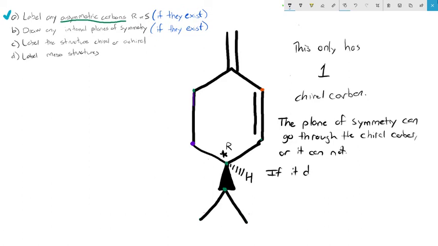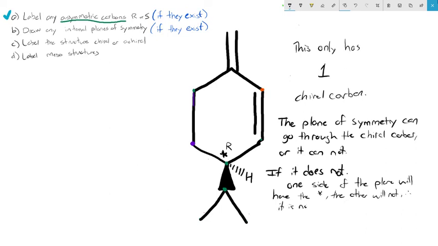If it does not, then one side of the plane of symmetry will have the chiral carbon, and the other one will not. Therefore, it is not a plane of symmetry. One side will have the star, the other will not.